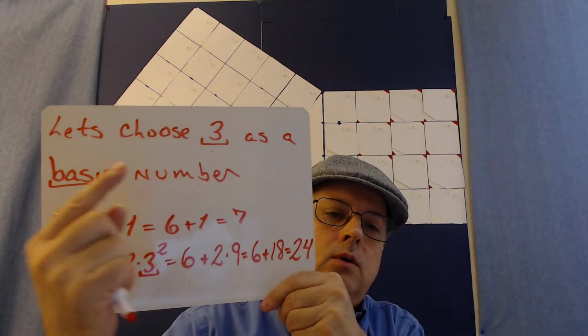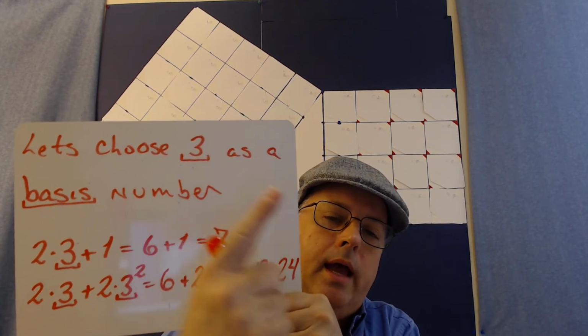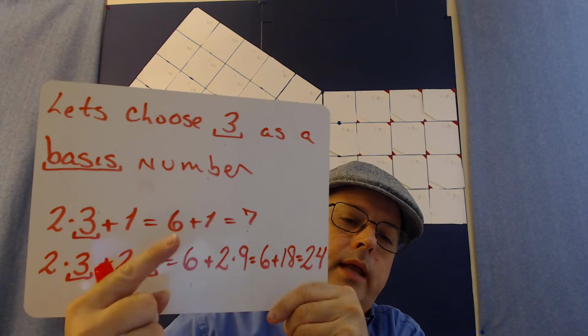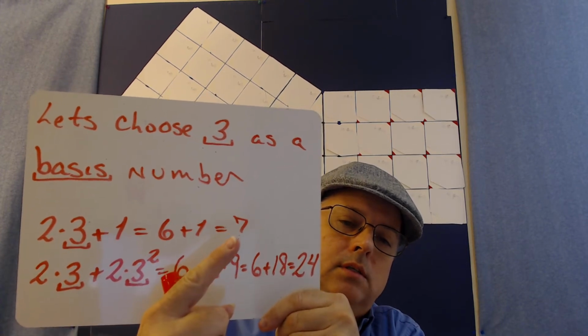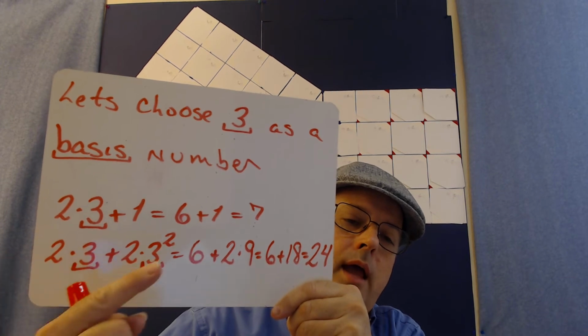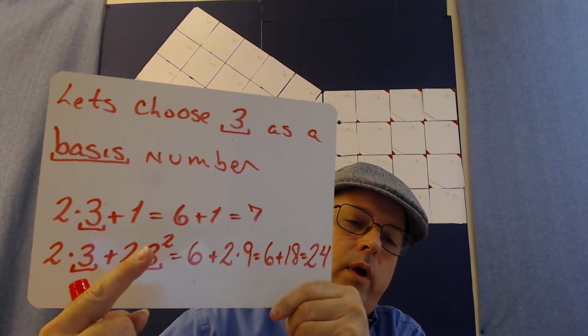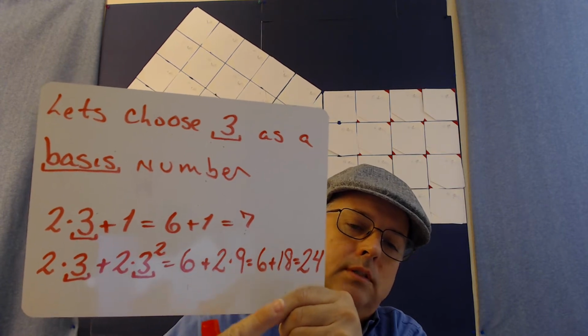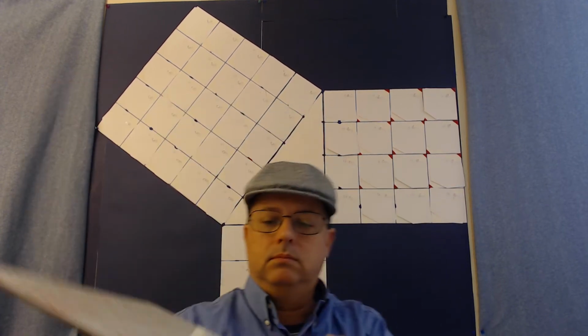Okay. So we chose 3 as a basis number. And then we doubled 3 and added 1. And that gave us 7. And then we doubled 3 and added twice the square of 3. And that gave us 6 plus 18 is 24.